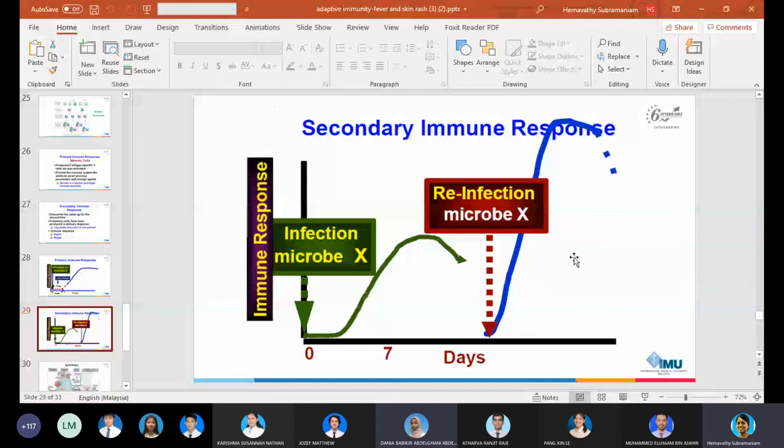Actually it's measuring the response, whether you have a higher response or lower response. So when you have more memory cells, the response will be higher. Okay.